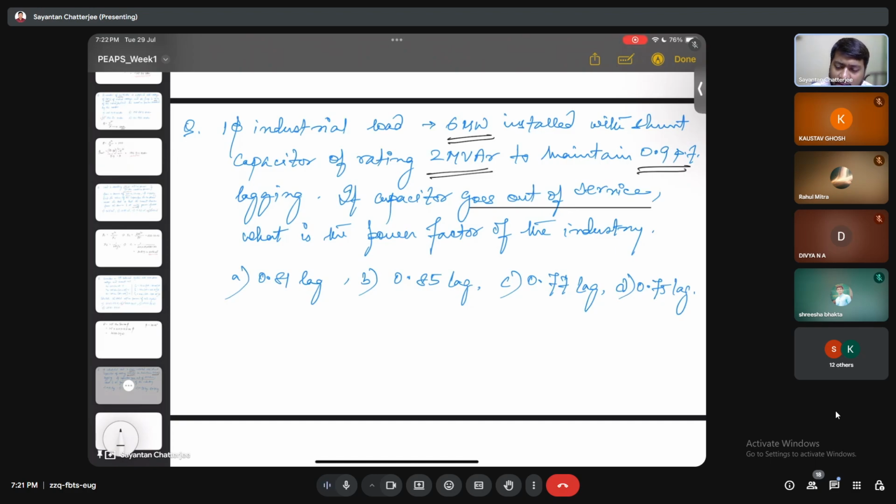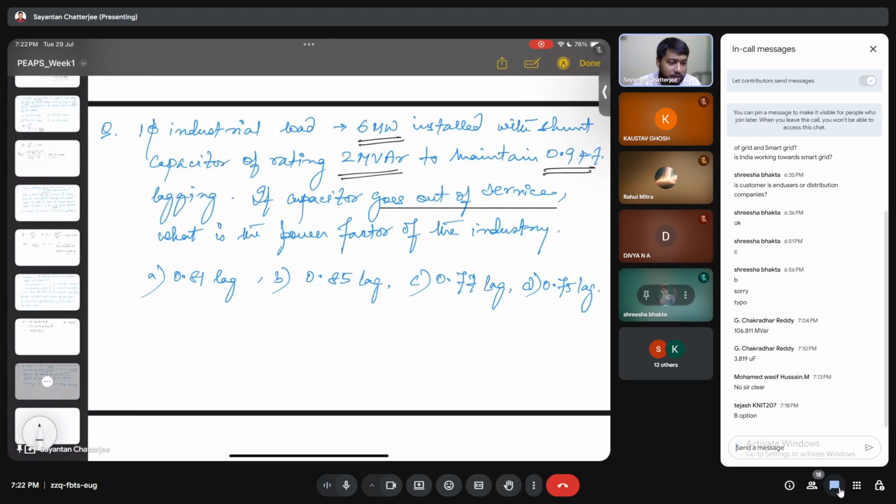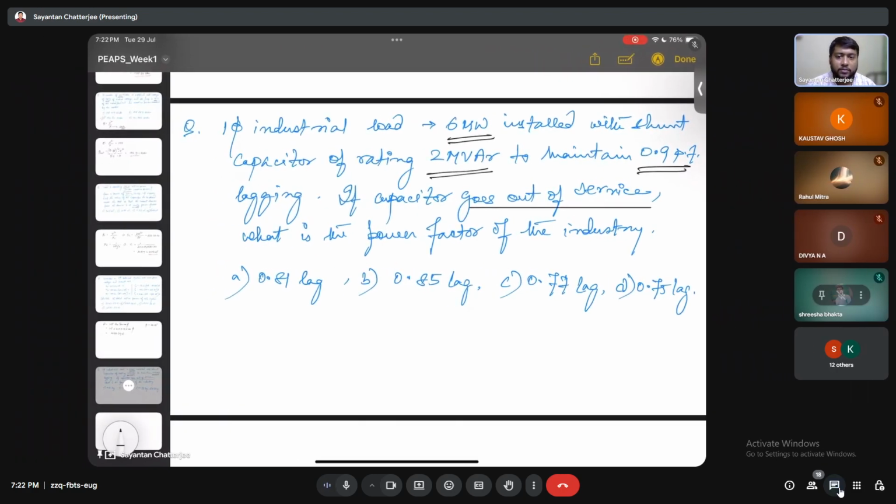Can anyone say whether it will increase or decrease? Decrease. Yes. So it is clear that it will be decreasing. All the options are also decreased values, but still, if any options are given on the higher side, we can directly eliminate them. So please calculate.